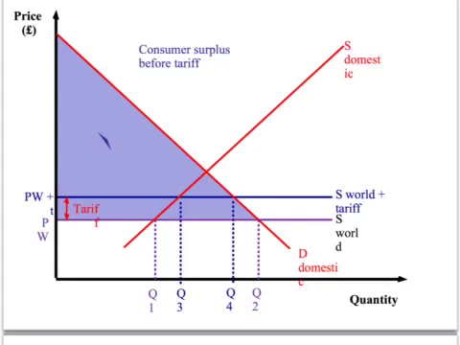Just a reminder, the consumer surplus is the difference between the price that the consumer has to pay, which is this equilibrium price here, and the price that they're willing to pay, in other words, their demand curve. So for each consumer, this is the difference between what they were prepared to pay and what they actually had to pay. So this is the consumer surplus that was in place prior to the tariff.